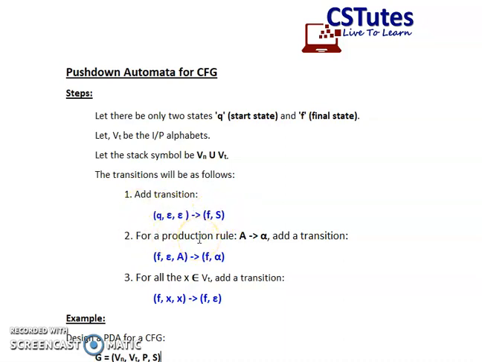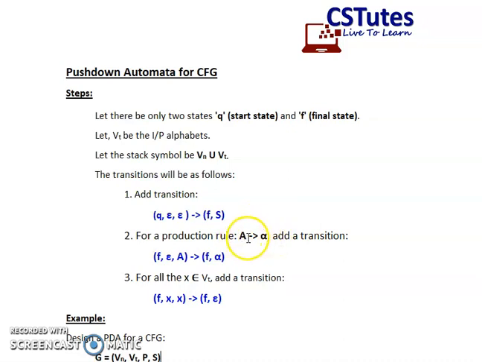Now the second transition that you are going to insert for your pushdown automata depends upon the production rules of your context-free grammar. Suppose in your CFG, a production rule of this particular form is given, where A is a non-terminal and alpha is a combination of terminals and non-terminals.